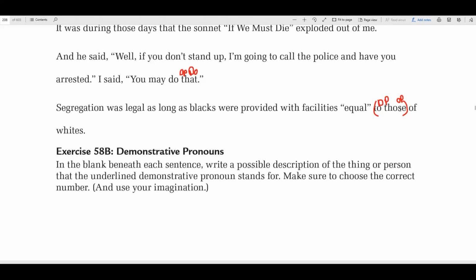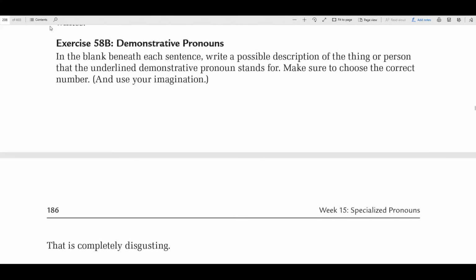All right, 58B, demonstrative pronouns. In the blank beneath each sentence, write a possible description of the thing or person that the underlined demonstrative pronoun stands for. Make sure to choose the correct number and use your imagination. Okay, so this, that, these, and those. All these sentences start with demonstrative pronouns.